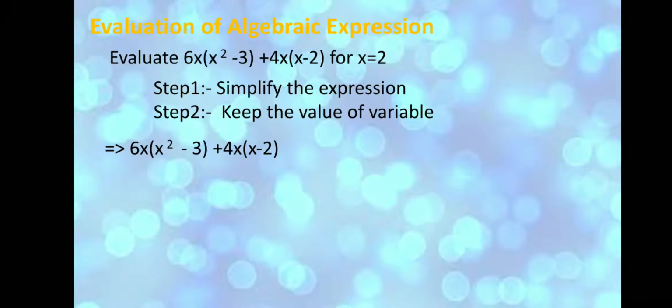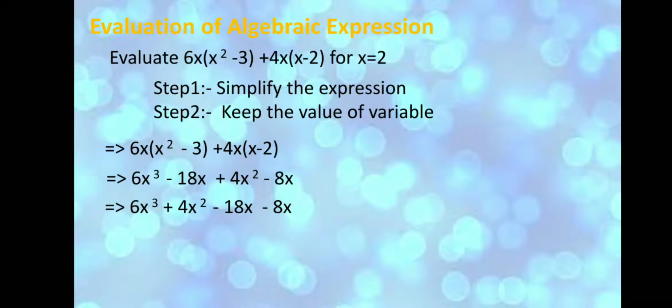Okay, and now we'll simplify this by the distributive property. How will you do this? 6x into x square minus 6x into 3 plus 4x into x minus 4x into 2. So now your answer will be 6x cube minus 18x plus 4x square minus 8x.